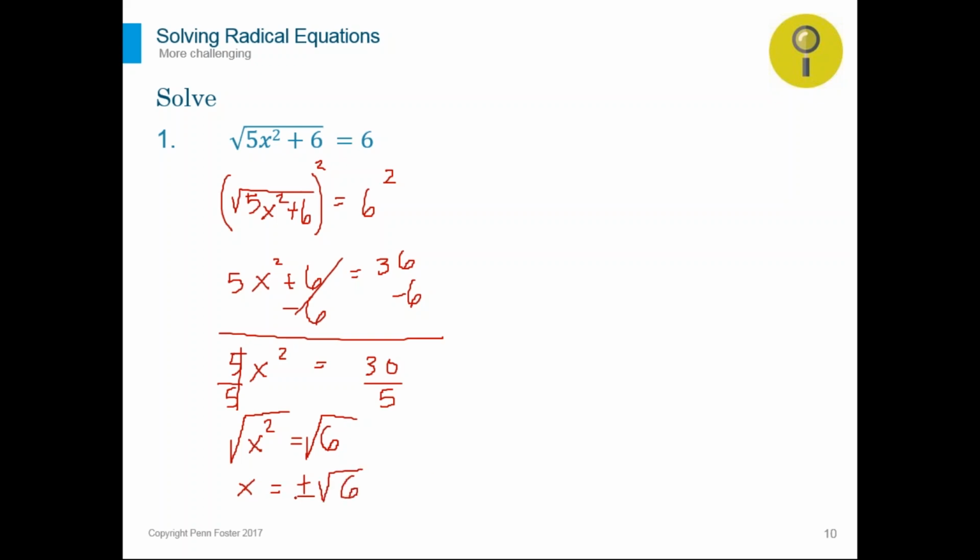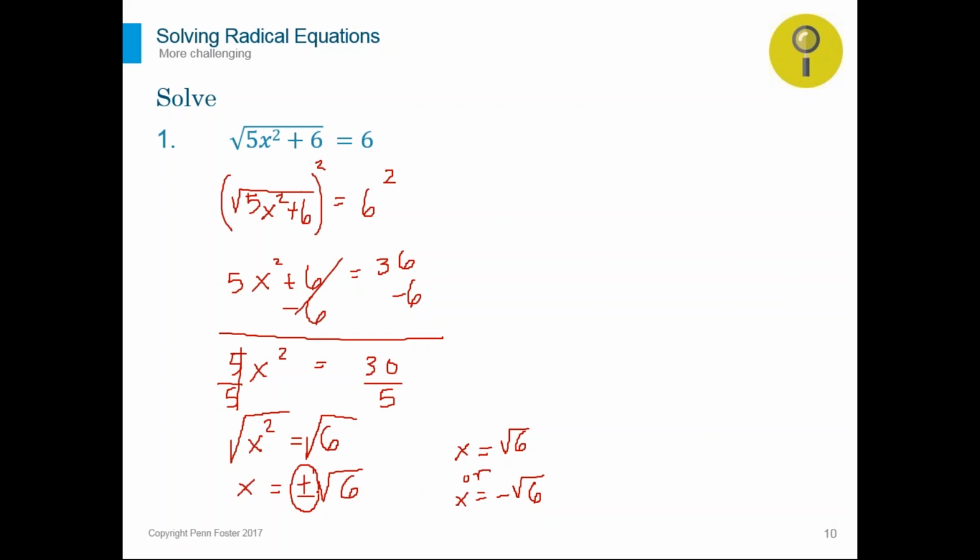So in this equation, x will have two values. x either equals the square root of 6, or x equals the negative square root of 6. So whenever you take the square root of x squared, make sure that you have this plus or minus sign there, to indicate that this equation has two solutions. This variable has two values. Any question on that part of the problem?